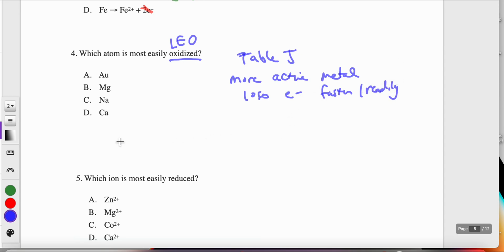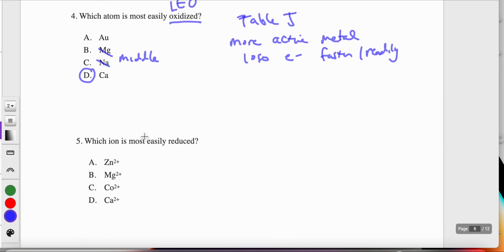So you want to choose the response that is at the top of the list, which in this case, calcium is the one highest on the list. Mg and Na you can eliminate because they are in the middle, and Au, this is the one that is the least active.